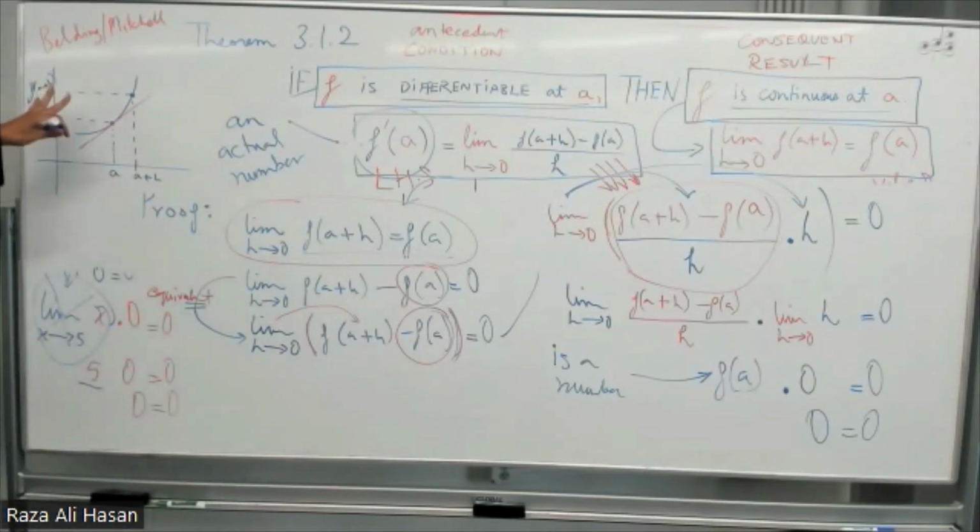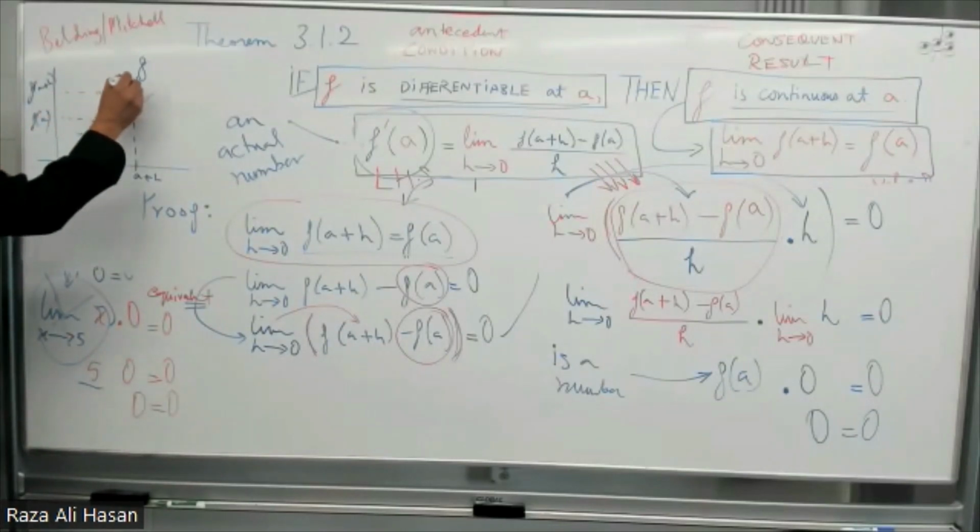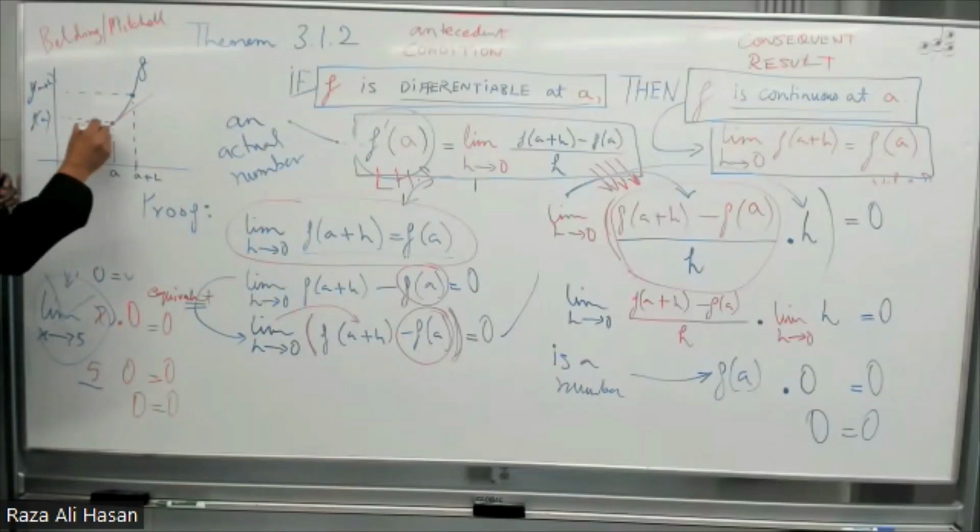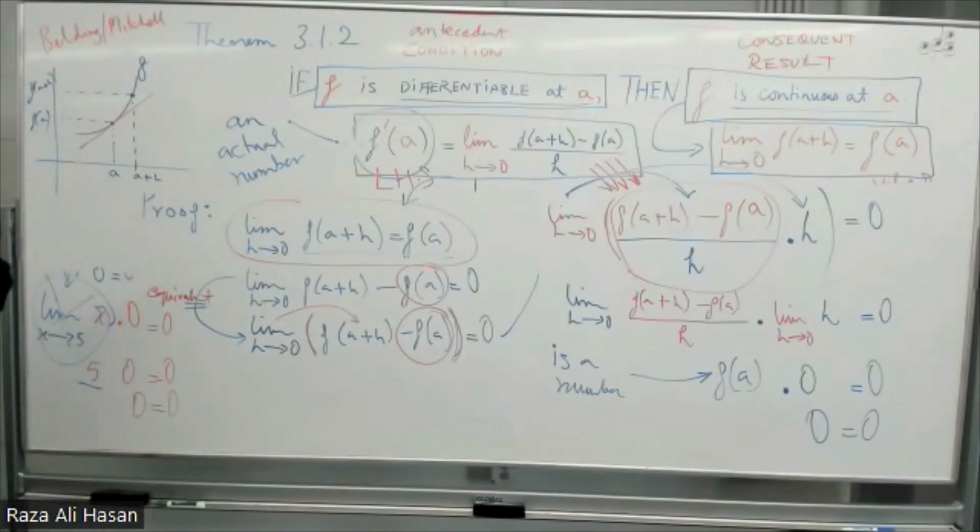So now what is this graph saying? That this function f is differentiable at A, and then f is continuous at A. How do we show that? Well, when I drew the graph, I did not lift up my pen.